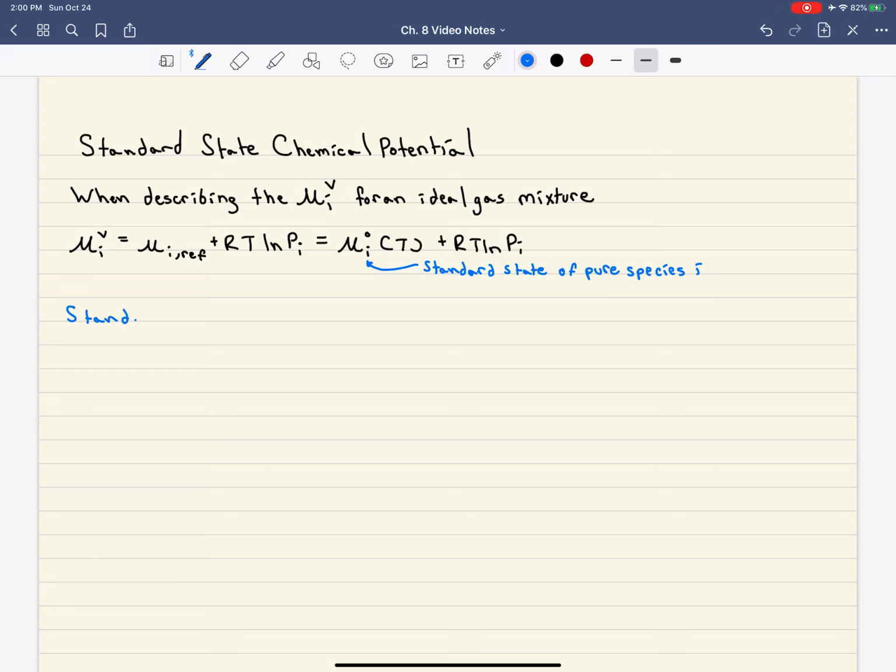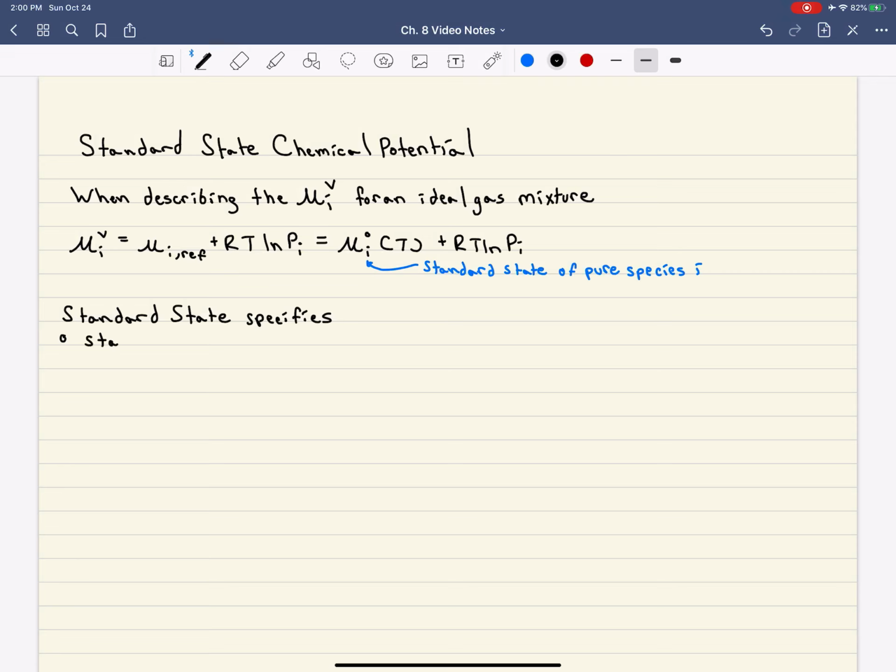And so when we talk about the standard state chemical potential, it's a term that specifies, it's similar to a reference condition, and it's going to specify these things.